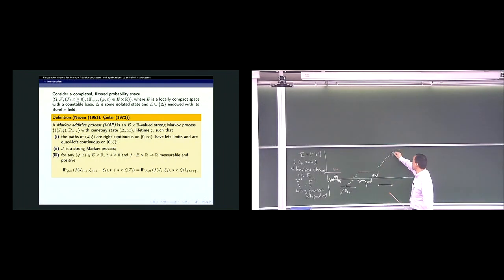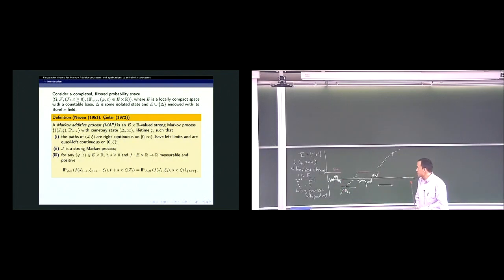It is not enough to know where I am. I need to know which dynamic I'm using. For that I need to know the state of J. That is why, in general, the dynamic of the map, the movement of the particle, is not a Markov process. It could be a Markov process, yes.